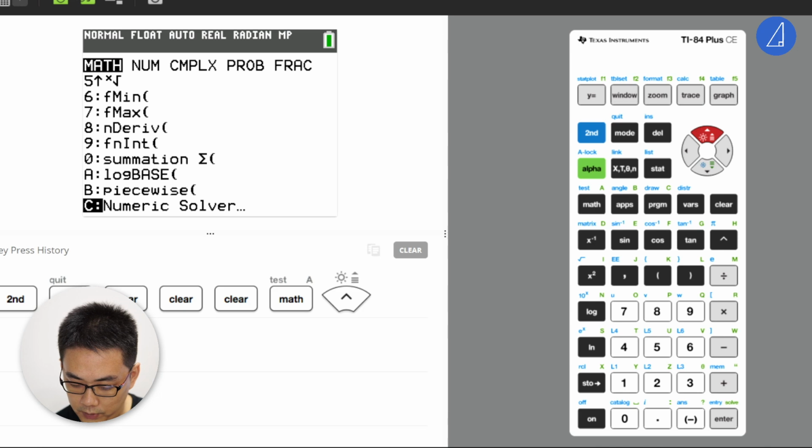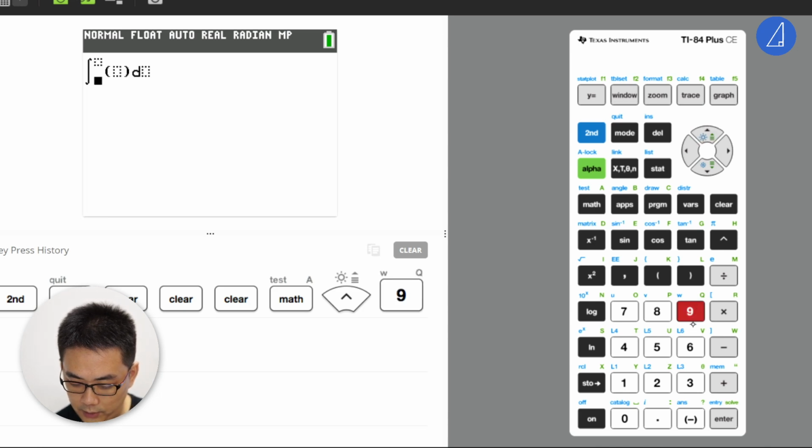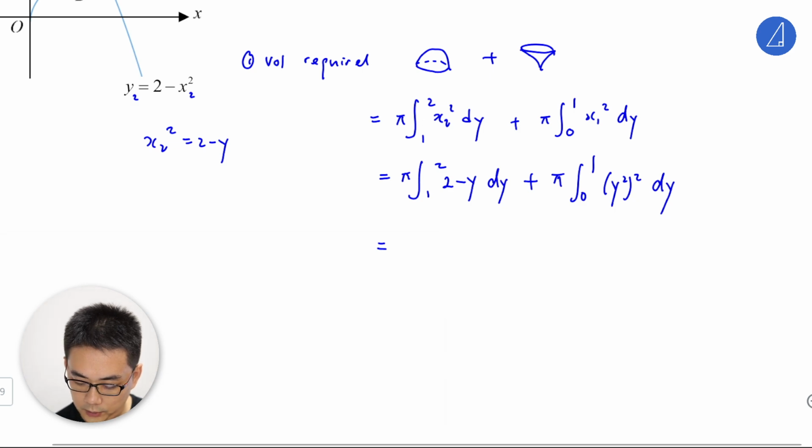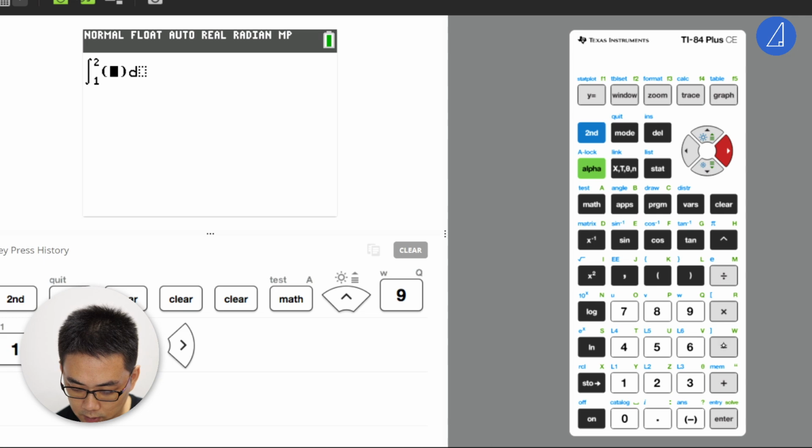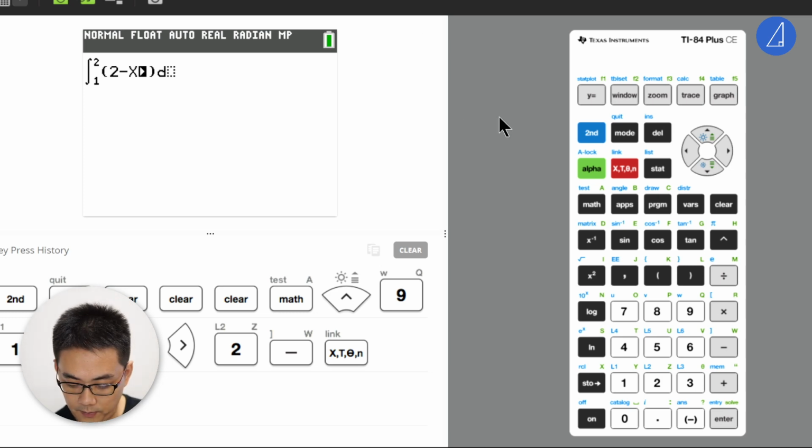Then you go to number 9, integral. Then key in 1 to 2, then 2 minus y. I'm going to use y here, because I've used x. Just put the pi in front also can.